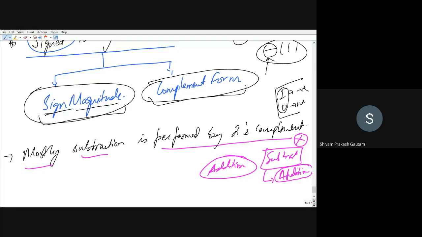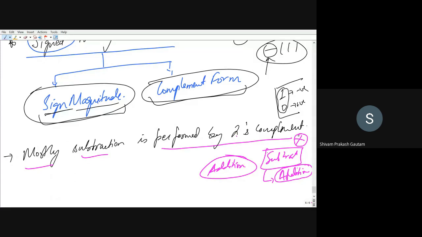There are methods, or logics, which the computer uses to perform subtraction. For addition, there is no problem, because if you want to perform direct subtraction, then again you have to add hardware, and the complexity and cost will increase. So your prime motive is to reduce the complexity and reduce the cost.